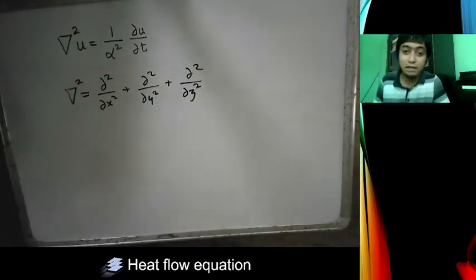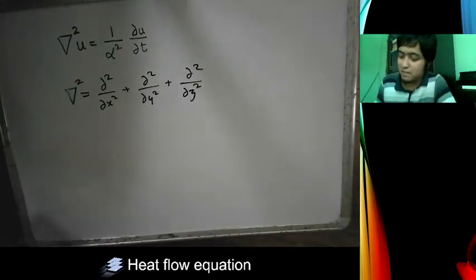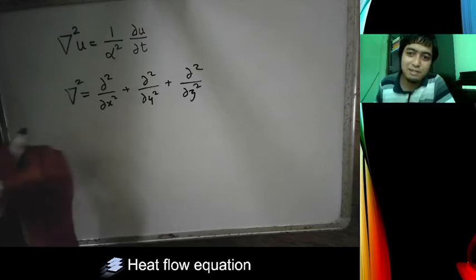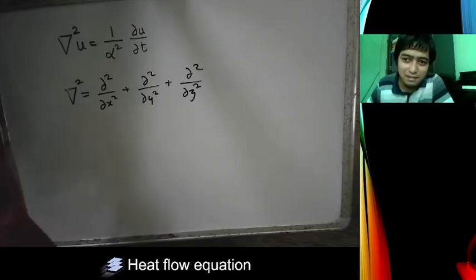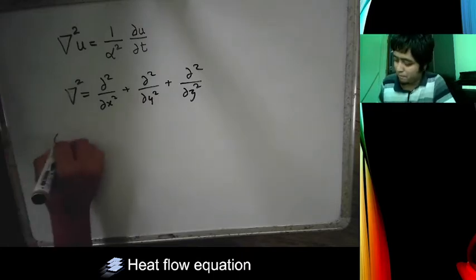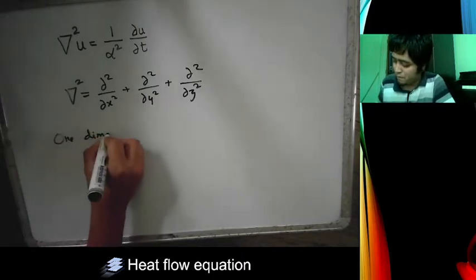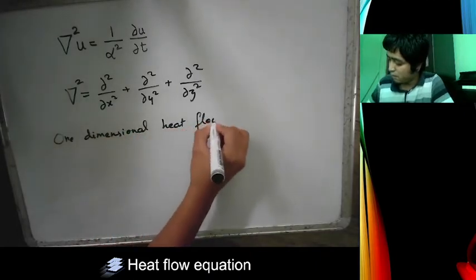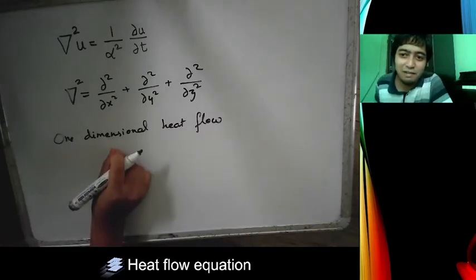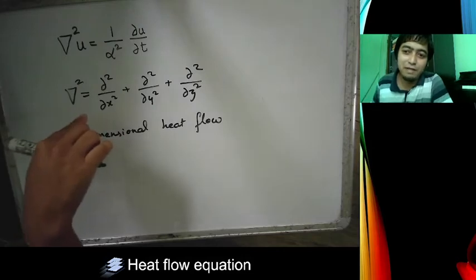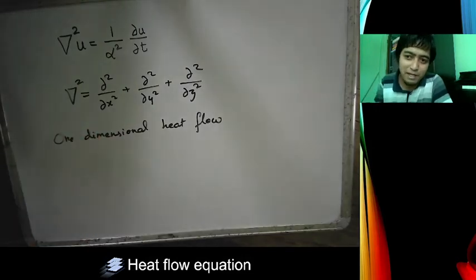But sometimes we can consider more specific cases. The specific case that we are interested in this session is one-dimensional heat flow. When we talk about one-dimensional heat flow, it means that only one space coordinate is involved. Of course, time will also be there.